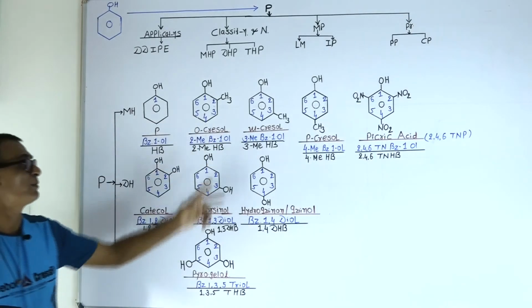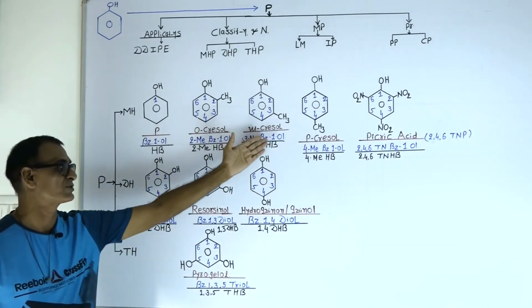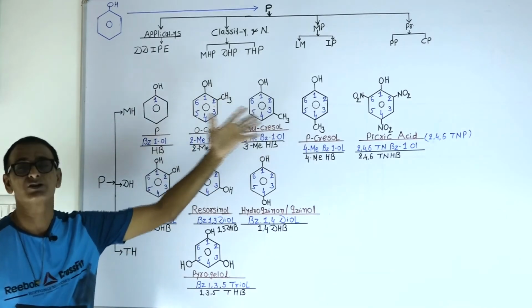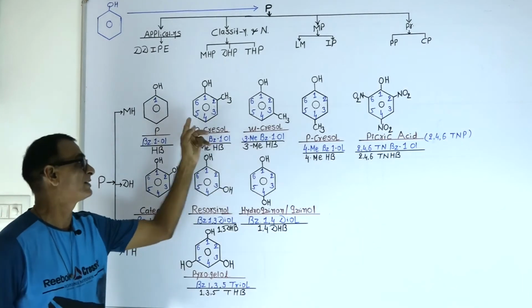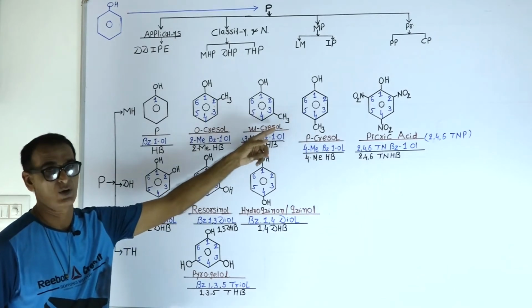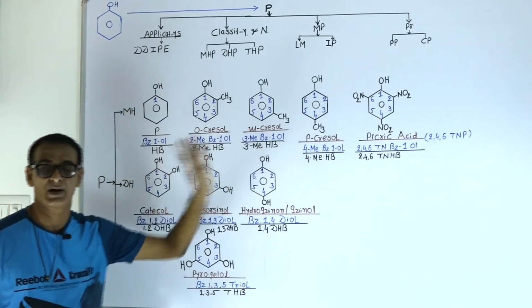If the positions of OH and CH3 are meta, you can say metacresol. And if the positions of OH and CH3 are para, we say paracresol. These three are cresols: this is orthocresol, this is metacresol, this is paracresol.